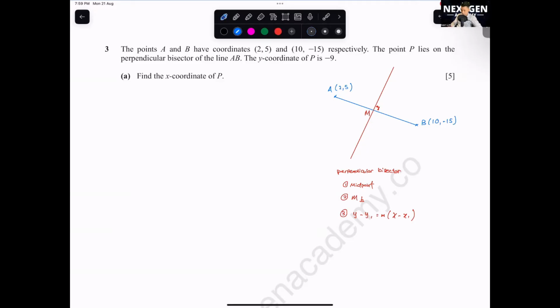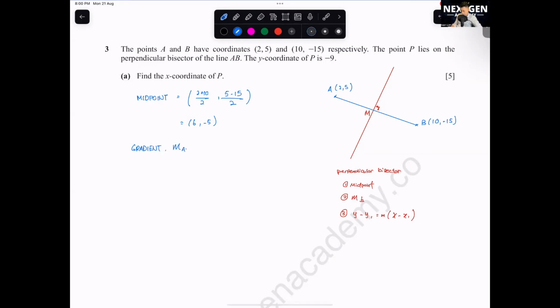Okay, so first thing, let's go and find the midpoint first. You can find the gradient first also. Midpoint: add both of them together, divide by 2. 2 plus 10 divided by 2, 5 minus 15 divided by 2. You will get (6, negative 5). Second, you want to find the gradient of AB first.